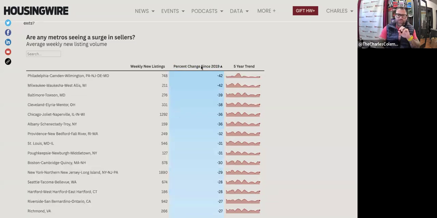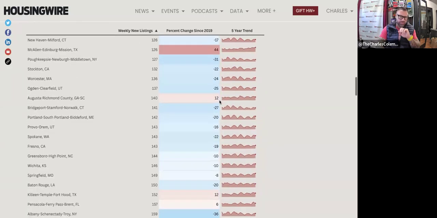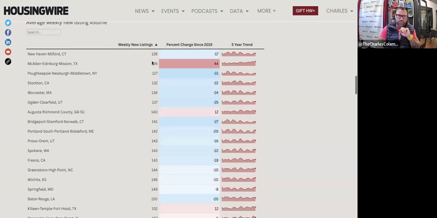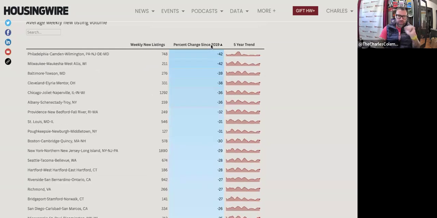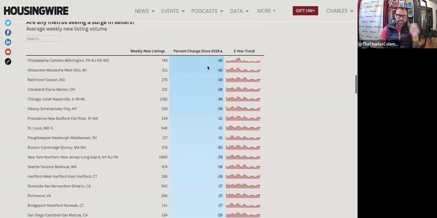So this is 2019 data, and I just broke it. There we go. And as we're looking at this thing, we can actually go through and see new listings, percent changes. And when we see the negatives, right? We're going through and we're seeing these are the places that actually have way less inventory.